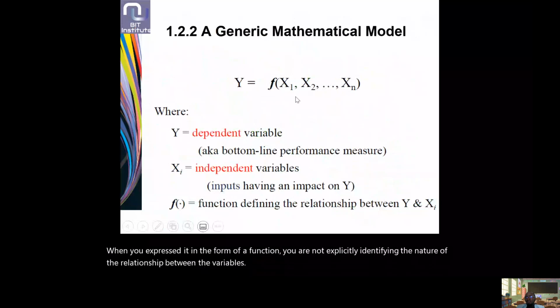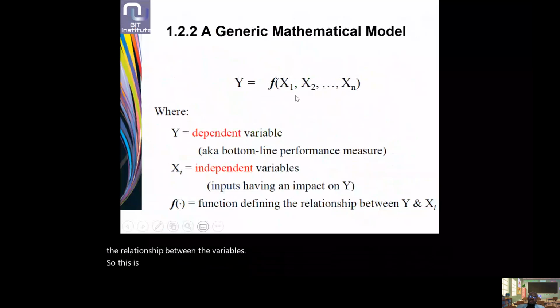So this is separate from an equation, where you will have to identify the nature of the relationship. So the f function defines the relationship not only between the independent variables, but how the independent variables are related to the dependent variable.